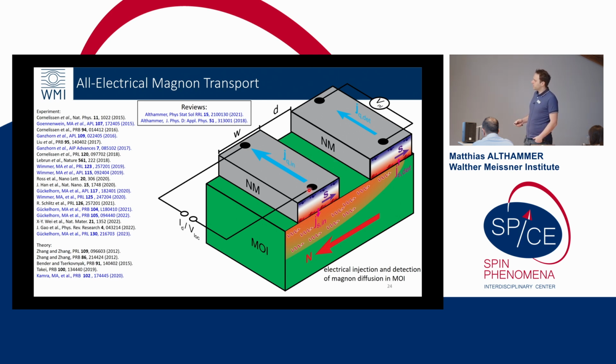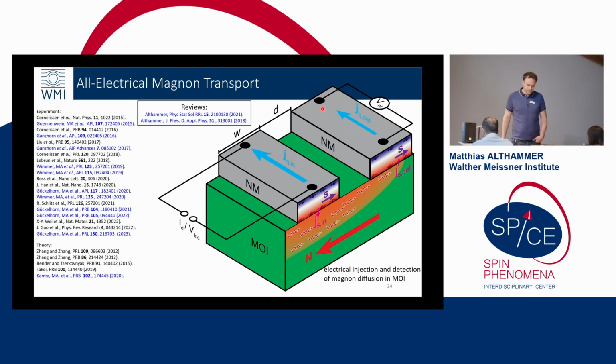So on this left-hand side, you drive a charge current through this platinum strip. This will give you a spin current that is injected over here and leads to a magnon accumulation down there, and these magnons will then diffusively transport spin current over to the second electrode, where a spin current is injected, transformed into a charge current, and as it's easier to measure, we use an open voltage signal that we detect over there.